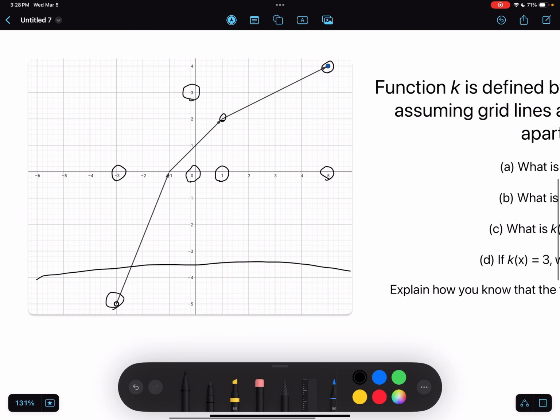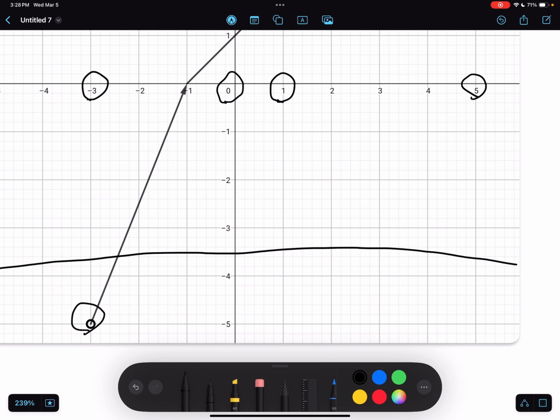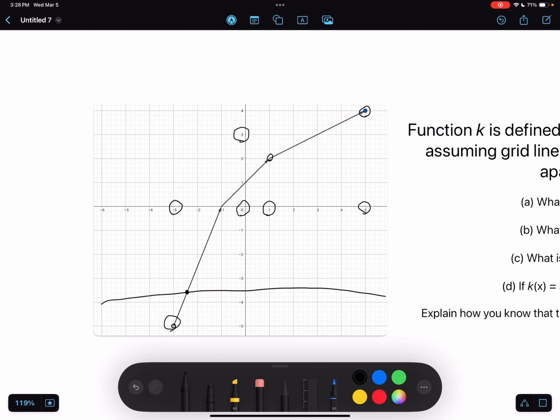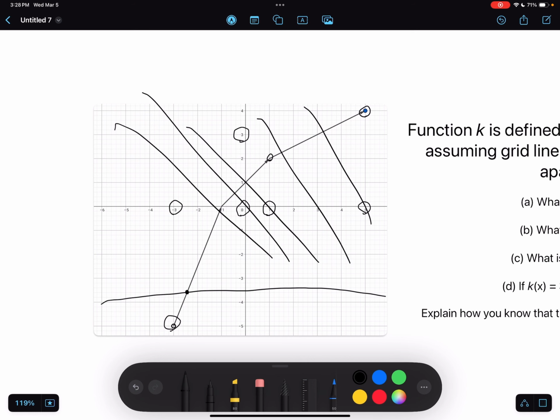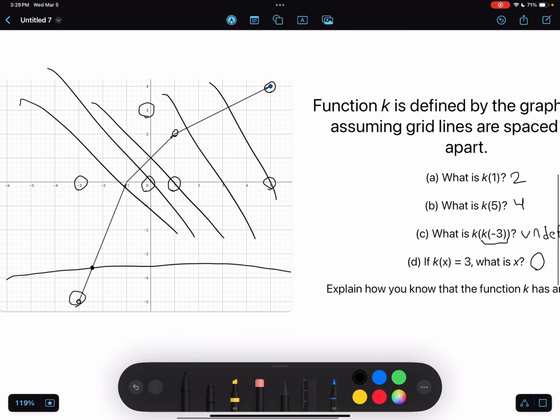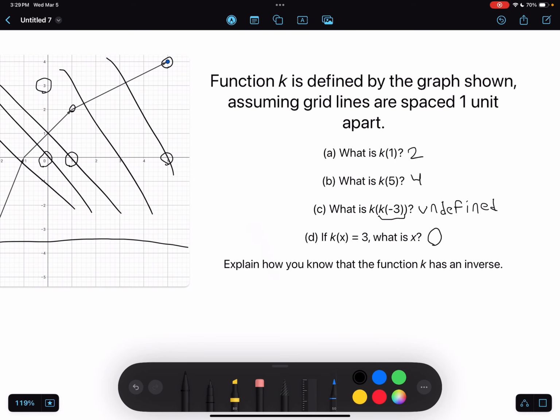Here, we can see there's only one point of intersection when we drew the horizontal line, and there's no other point on this function that fails the test. So there's only going to be one output for the inverse function, which confirms that function k has an inverse. You just say it passes the horizontal line test.